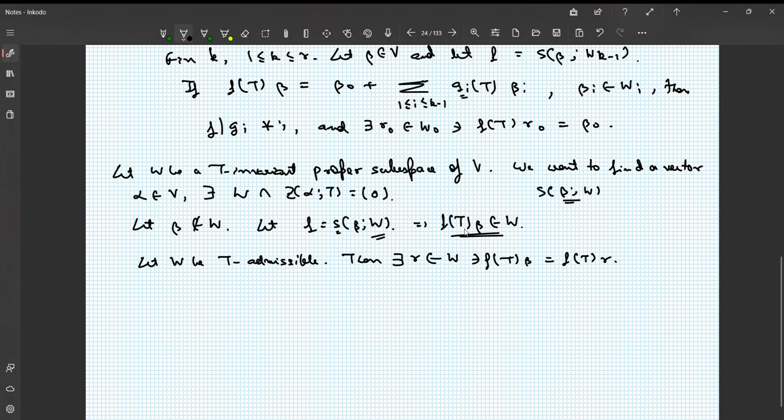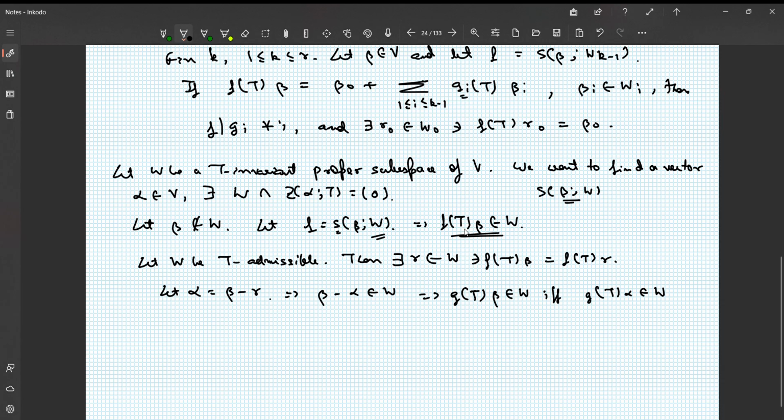Is it clear? We choose the vector alpha to be beta minus gamma. Now obviously gamma is in W, so that means beta minus alpha is in W. Right? So this means that GT beta is in W if and only if GT alpha is in W.